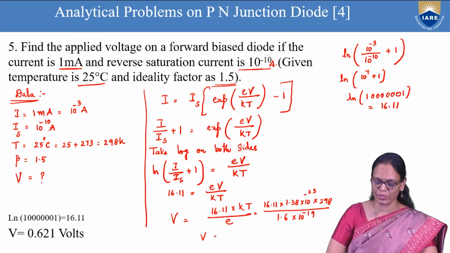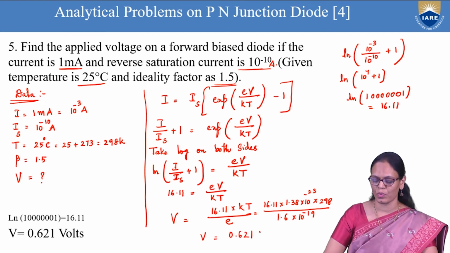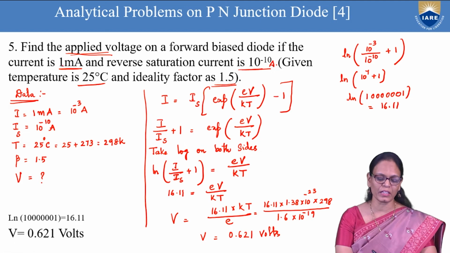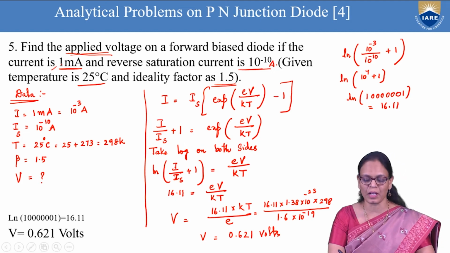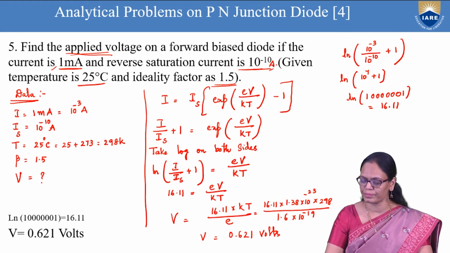You simplify, you get the voltage as 0.621 volts. So at this applied voltage, we get the current as 1 milliampere with the saturation current 10 power minus 10 ampere.